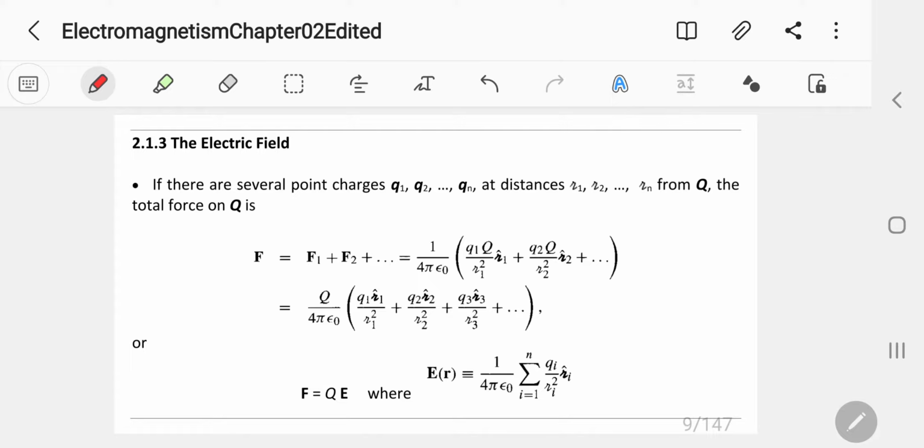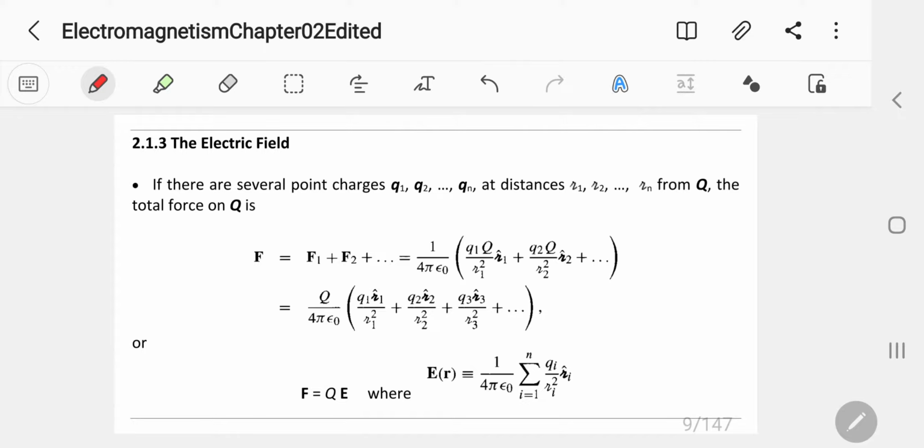So when the electric field is picked up by another charge, it will experience a force from the charge that is the source of the electric field.